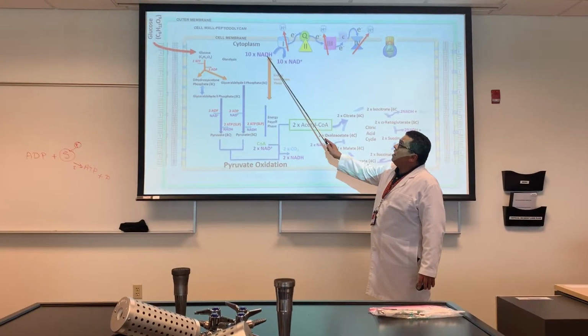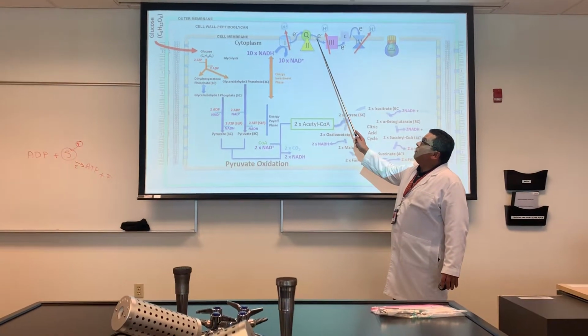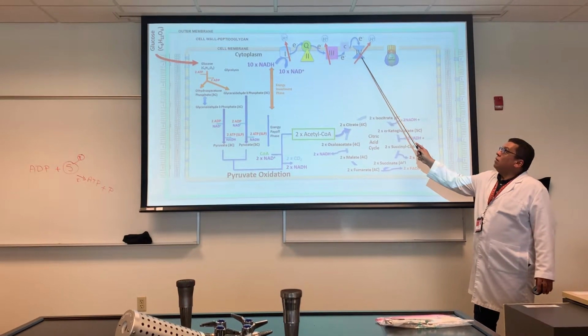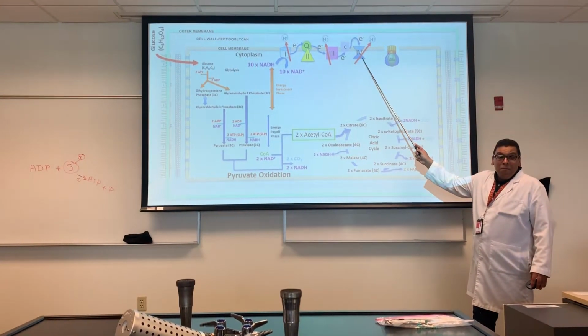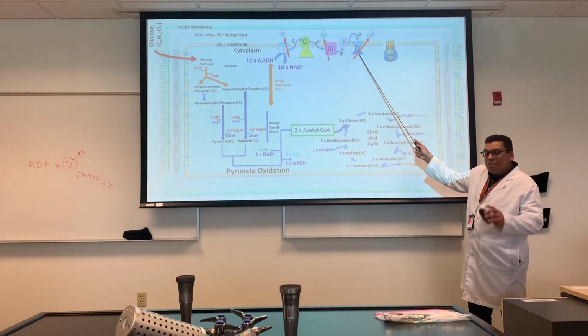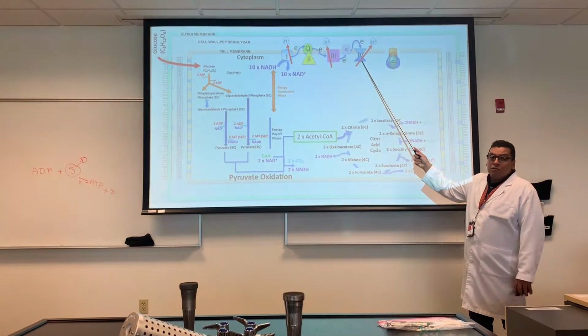Notice the electrons, they're coming from NADH, complex 1, ubiquinone, complex 3, cytochrome C, complex 4. Oh, someone has to take them. I can't keep them here. See, complex 4 must get rid of the electrons because it only has 2 hands, for example.